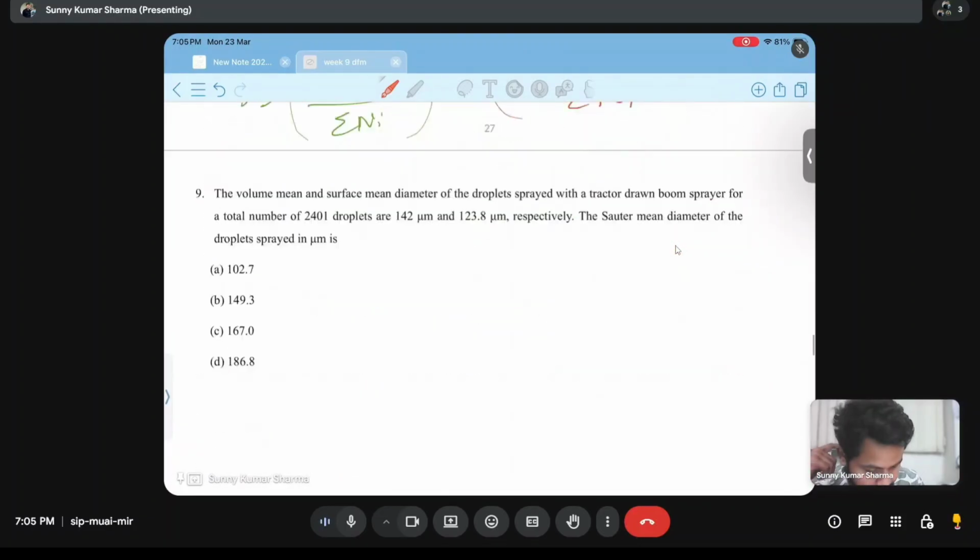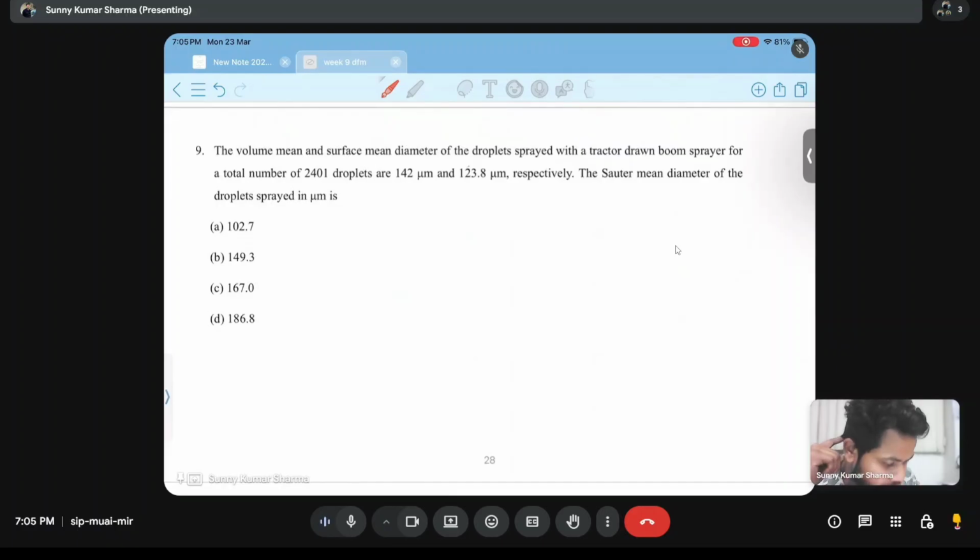The next question: the volume mean and surface mean diameter of droplets sprayed with a tractor drawn boom sprayer, with a total number of 2401 droplets, are given. The sorted mean diameter will be? Volume mean means sigma Ni Di cubed by sigma Ni, to the power 1 by 3, and it is given as 142.